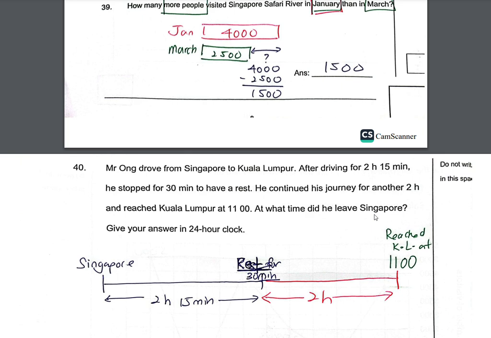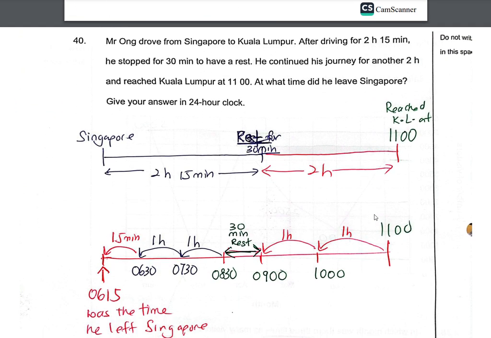We're going to work backwards. So you see, I redraw it to show you. At 1100 hours, go back 1 hour is 1000 hours. Go back 1 more hour is 900 hours. Here he rested for 30 minutes, so I make sure I have a 30 minutes gap. So what is 30 minutes before 900 hours?